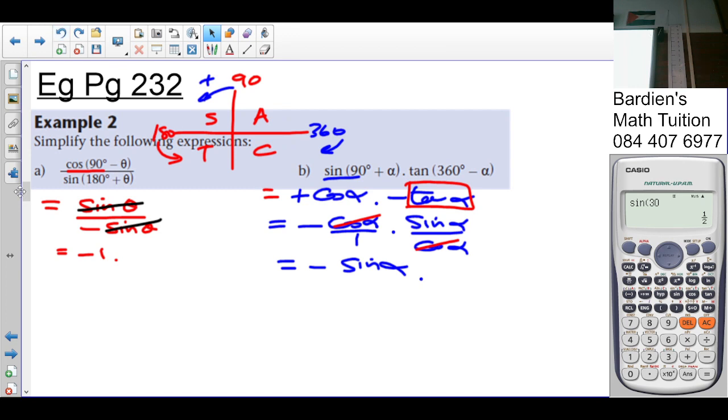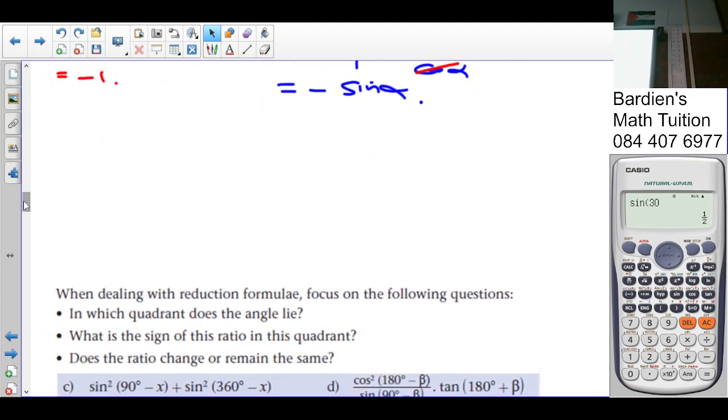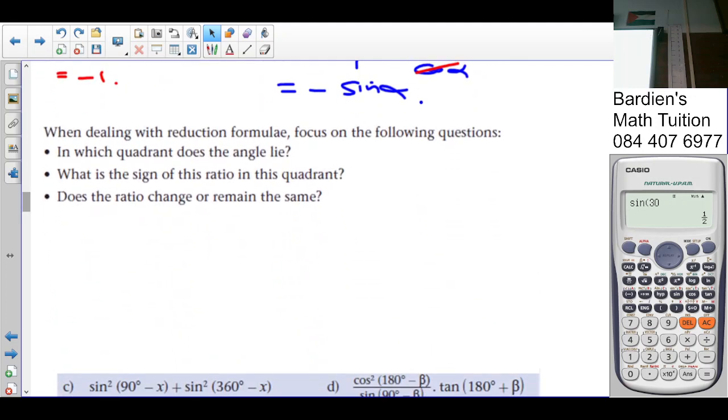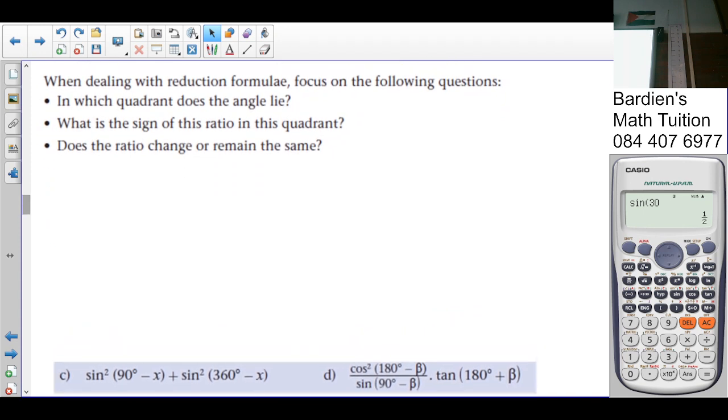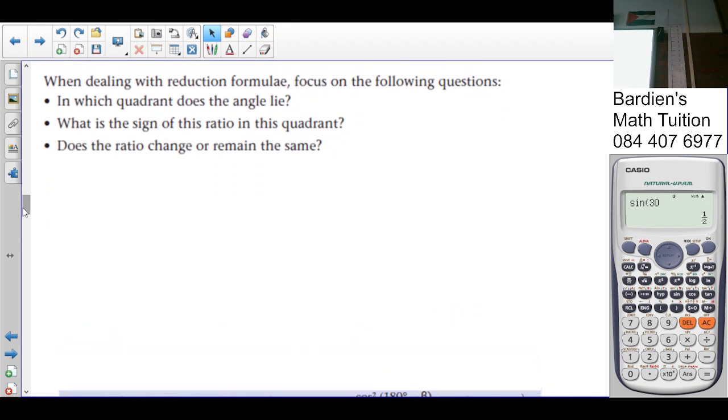I would like you guys to write this note now. When dealing with the reduction formula, focus on the following questions. In which quadrant does the angle lie? What is the sign of this ratio in this quadrant? Does the ratio change or remain the same?